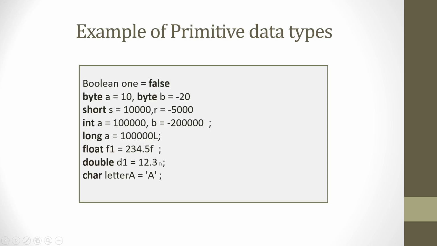If we don't append D at the end, by default it will take double. A character should always be inside single quotes. So this is an example of primitive data types.